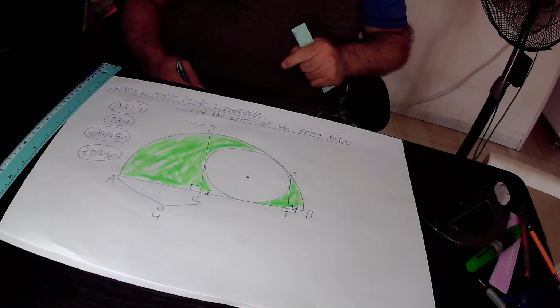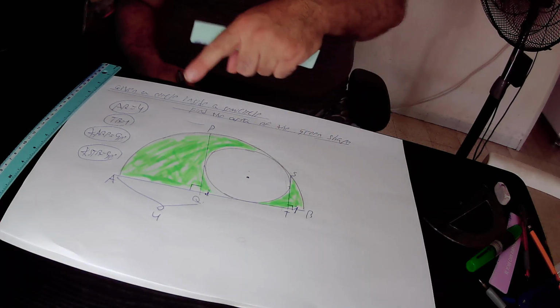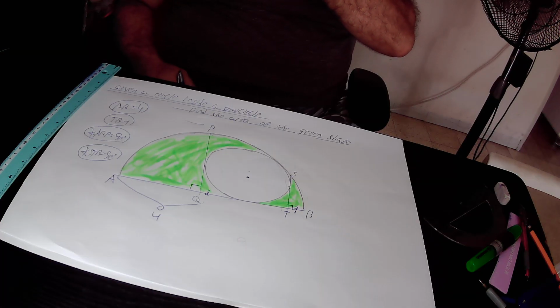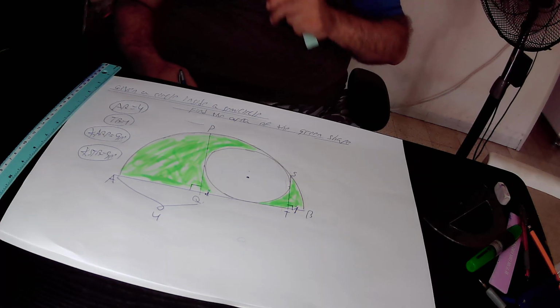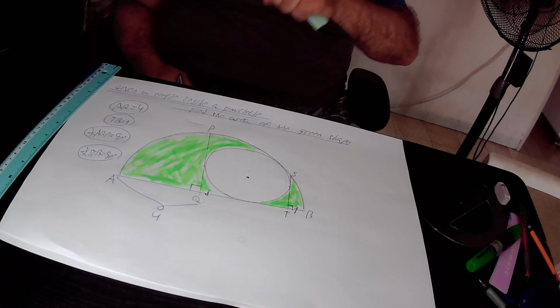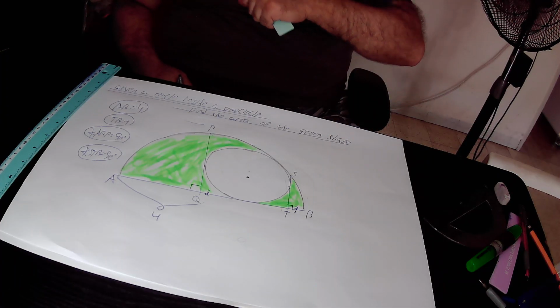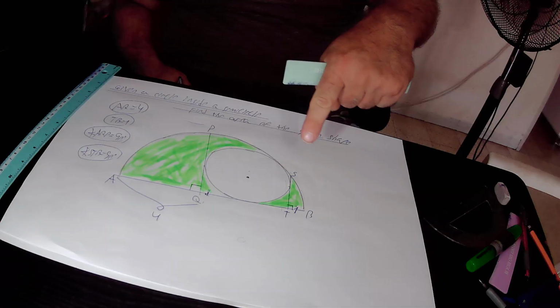Again, our task is to find out the area of this green shape. So first of all, we will define the radius of this big semicircle as x and the radius of this small circle as y.